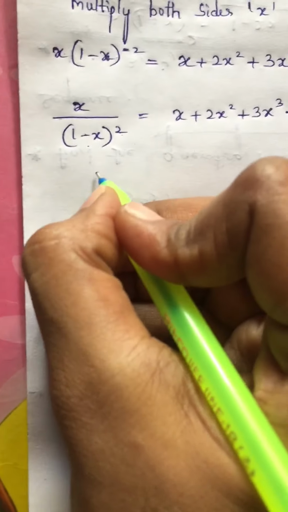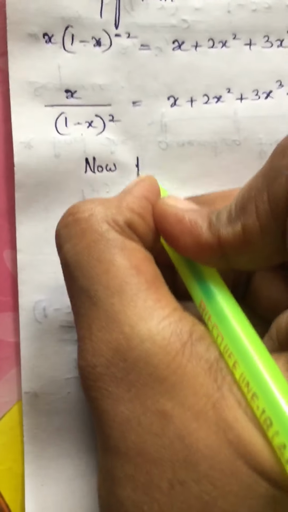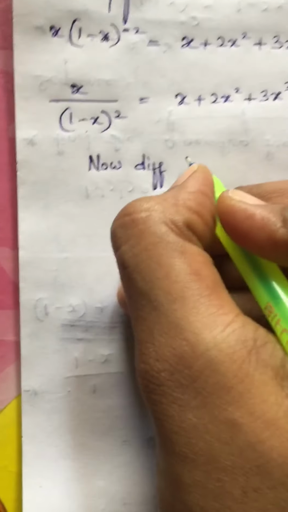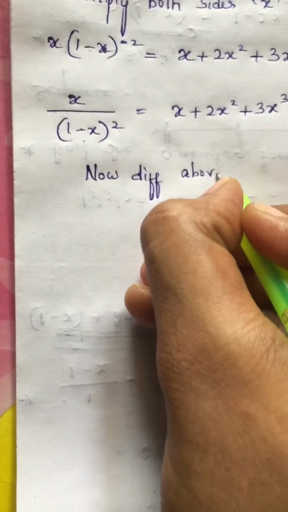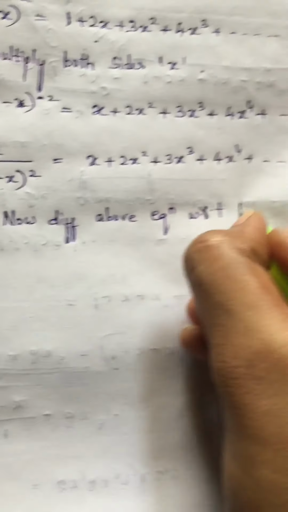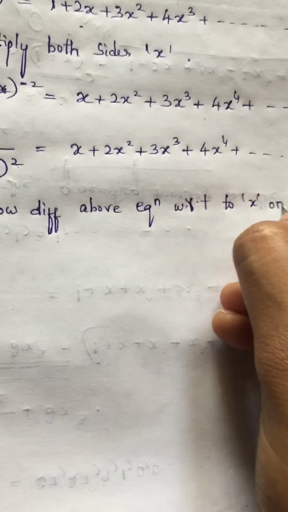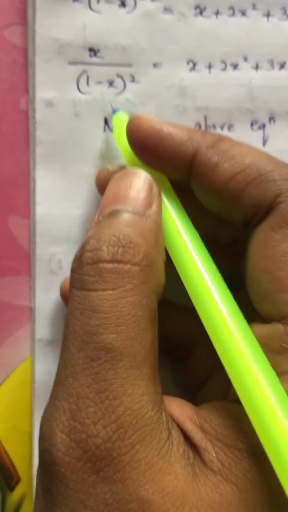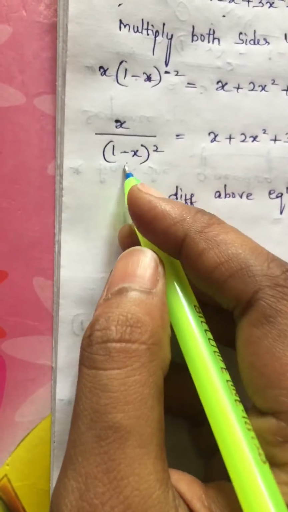Now we have to differentiate the above equation with respect to x on both sides. What result do we get? It is in the form of u by v, differentiating x with respect to x.